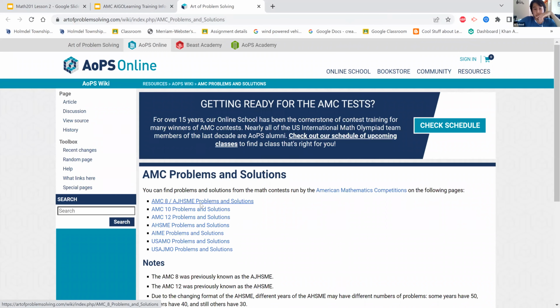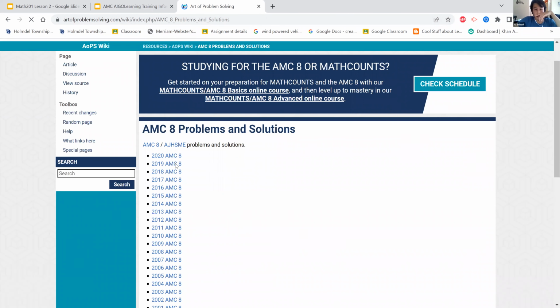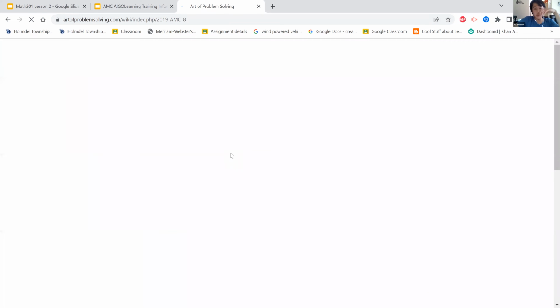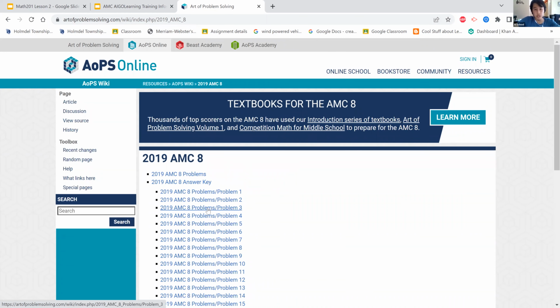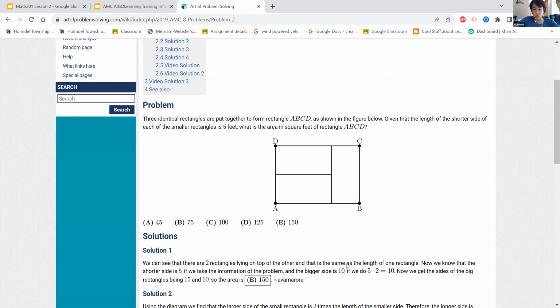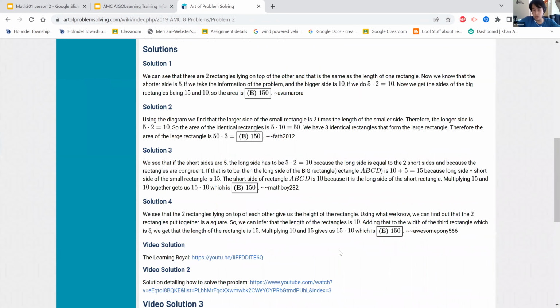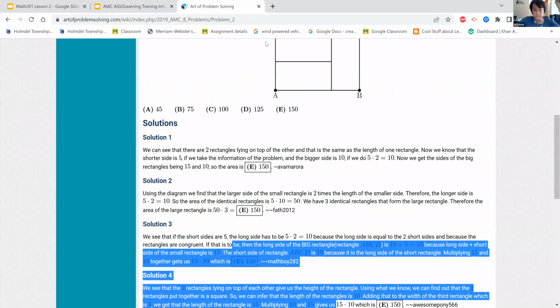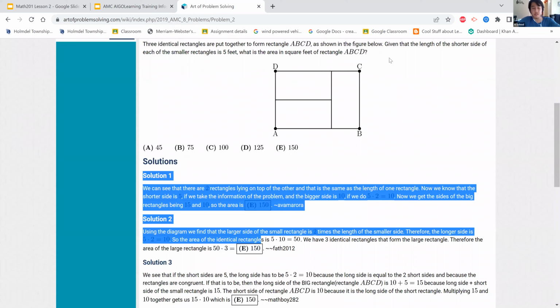So for example, AMC 8 problems and solutions. Let's choose 2019. And it just gives all the problems listed here. And let's choose problem 2. And it gives a problem and then several solutions. So this is very, very useful for teaching.